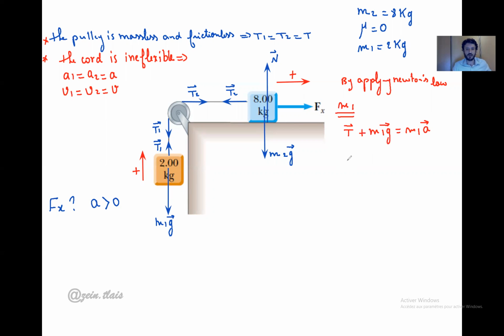Okay, here we have T in the positive direction up, so T minus M1g in the negative direction equals M1a.